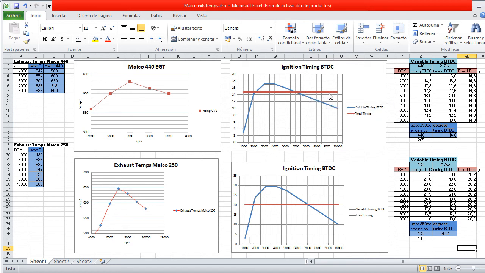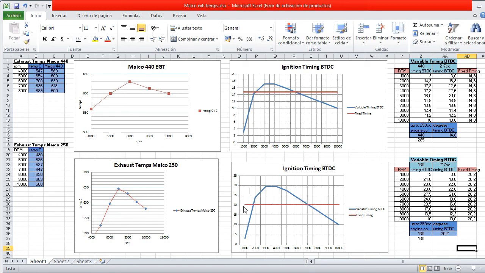It's maintaining the same advance, which is too much. Too much advance in relation to where it should be means that it has more time to burn, and so when the exhaust port opens, it's cooler. So as you see, this peak corresponds to that cross right there, and I just made up these two curves right here to match that.